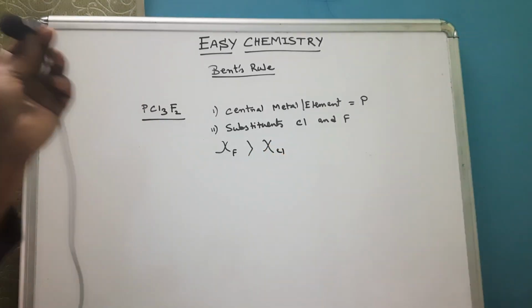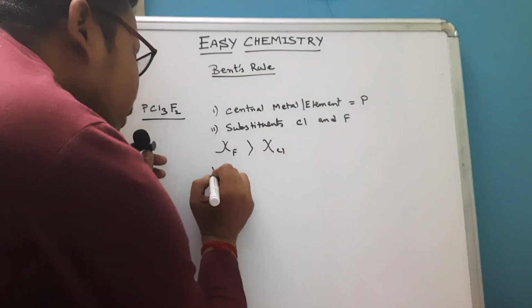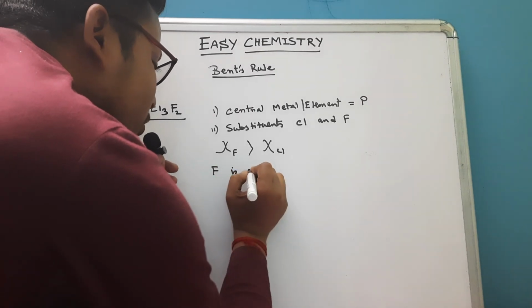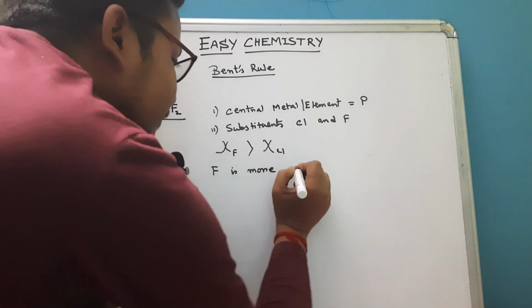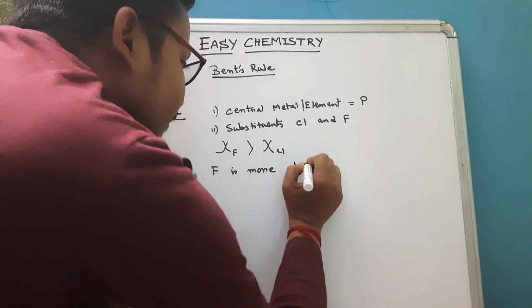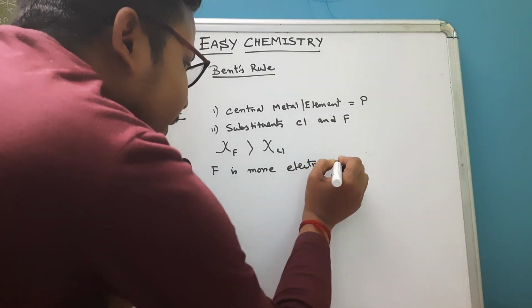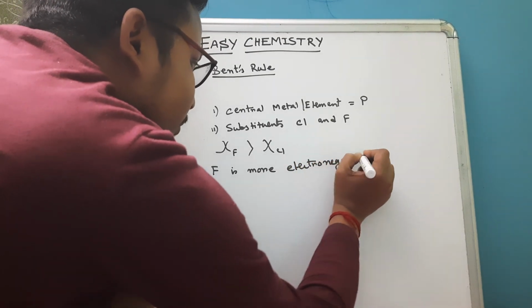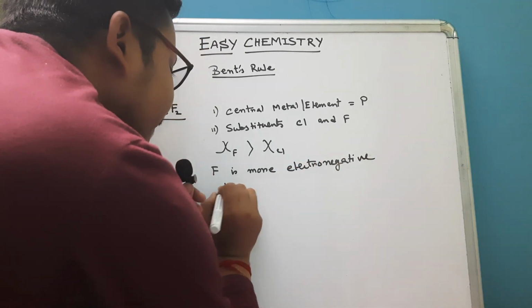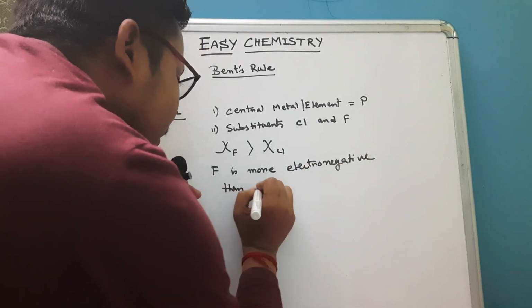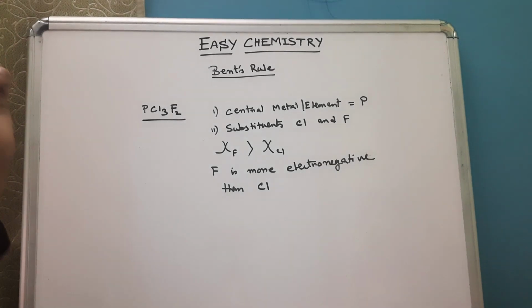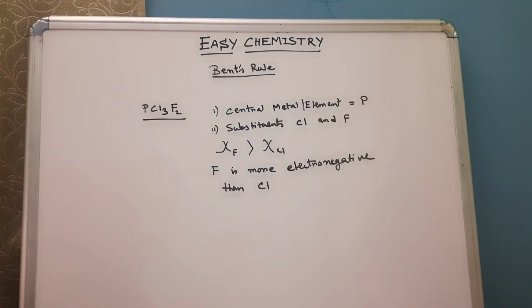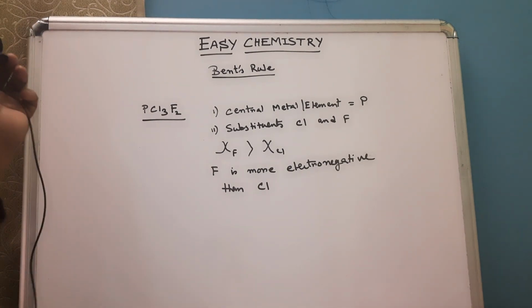That means fluorine is more electronegative than chlorine. Okay, my dear students. So now derive the state of hybridization of phosphorus.